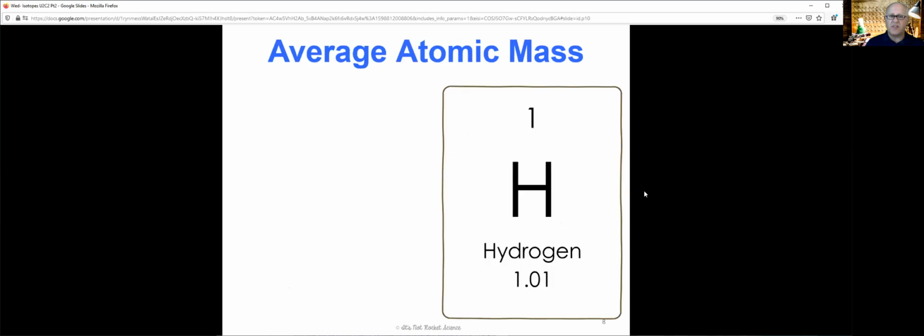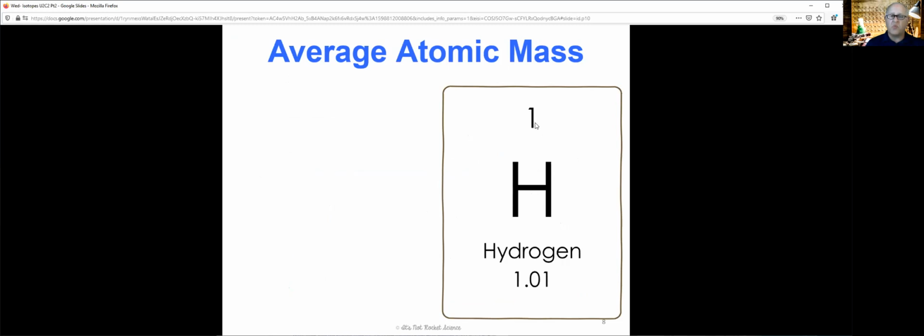Next we have to look at the average atomic mass. Now, if you recall from part 1 on this, you saw this hydrogen element in the little box which lays out on the periodic table. Here we have the elemental symbol H. We have the elemental name hydrogen.